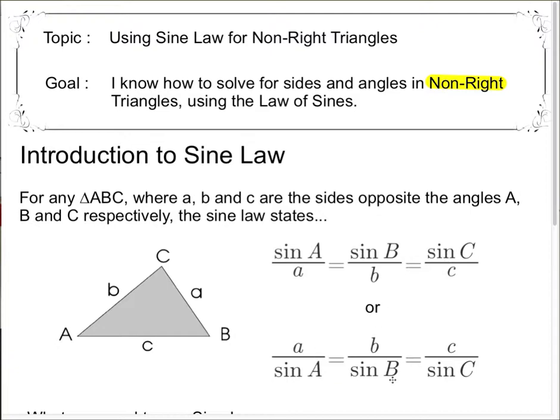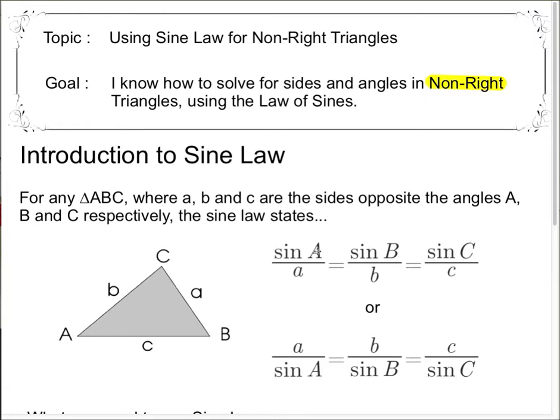It also says that if I flip all of these over, it's the same as well, but you actually know that. If 1/2 is the same as 2/4, I can flip it over and say that 2 over 1 is the same as 4 over 2. 2 over 1 is just 2, and 4 divided by 2 is 2. So anytime, you can just flip it over.